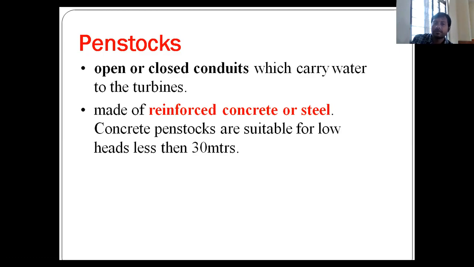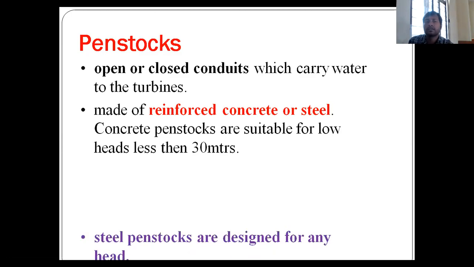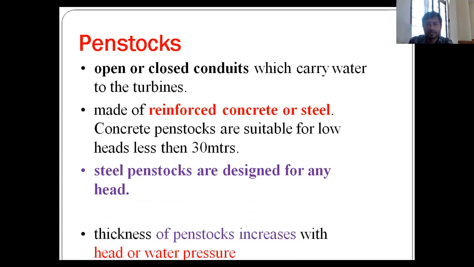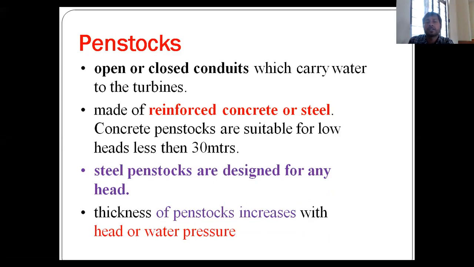Concrete penstocks are usually suitable for low head, used for less than 30 meters, and steel is used for more than 30 meters. Steel penstocks are designed for any head, so below or above 30 meters you can use steel, but concrete is definitely used for less than 30 meters of head. The thickness of the penstock increases with the head and water pressure.